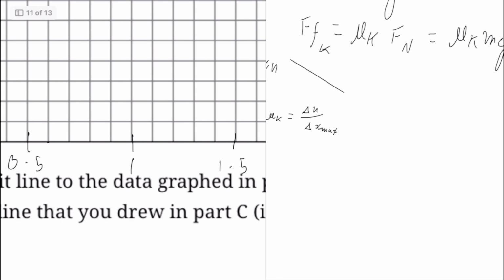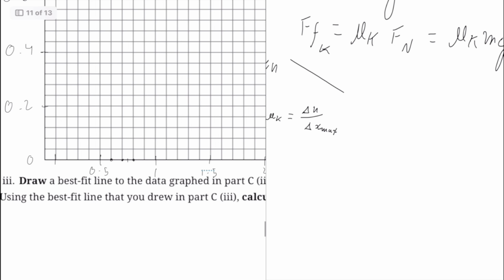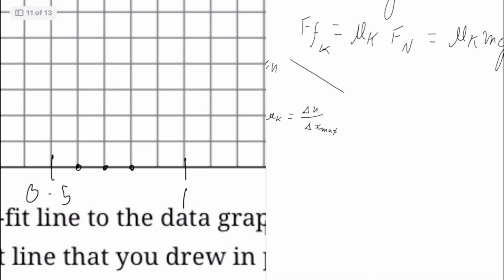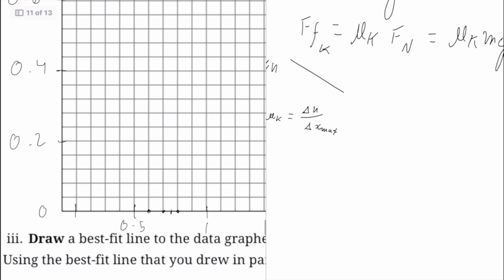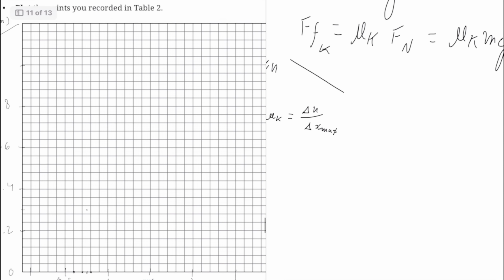Here's 0.5, here's 0.6, here's 0.7, here's 0.8. 0.76 is somewhere in the middle, but a little bit past that. So it's probably going to be like there. And I know 0.3 is in between 0.4 and 0.2, so I'll just plot that point right about there.